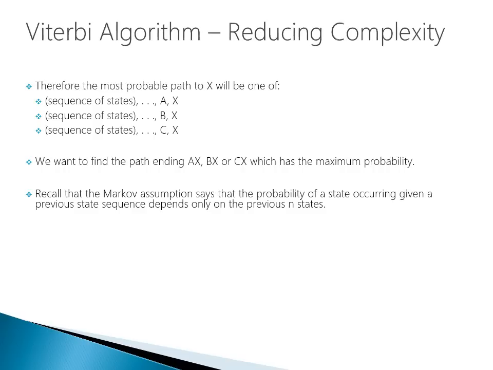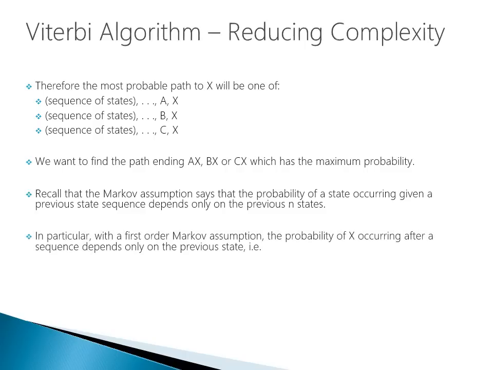Now, recall that the Markov assumption says that the probability of a state occurring given a previous state sequence depends only on the previous n states. In particular, with a first-order Markov assumption, the probability of X occurring after a sequence depends only on the previous state.